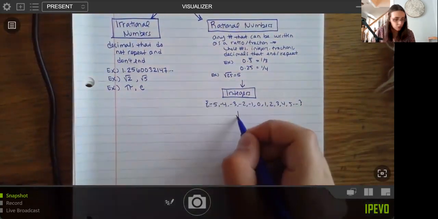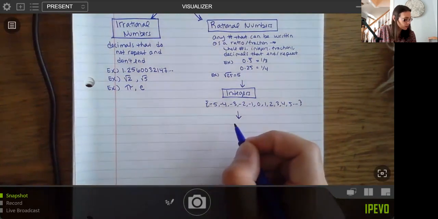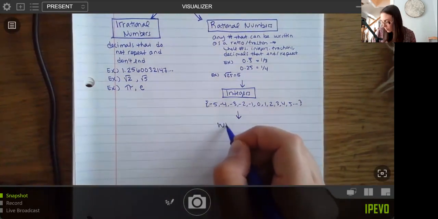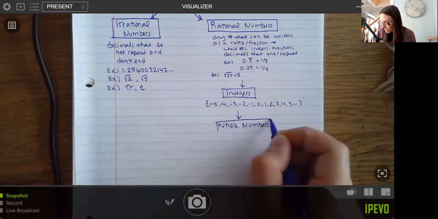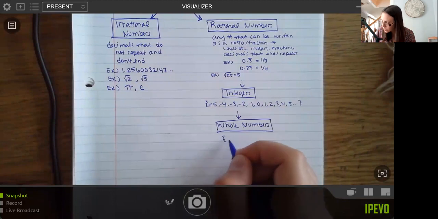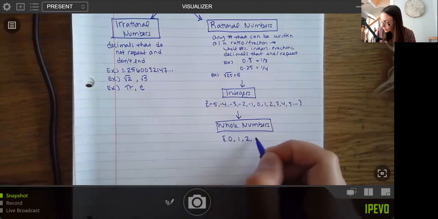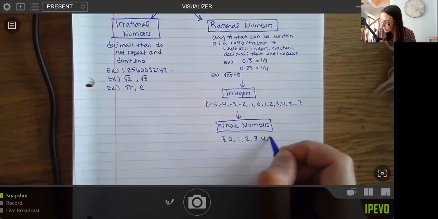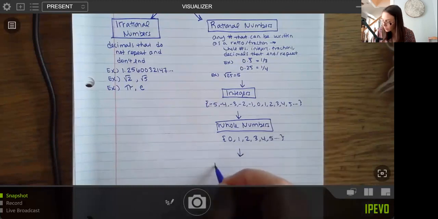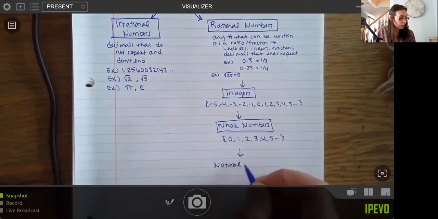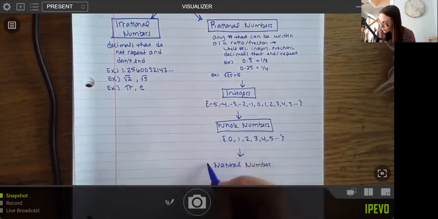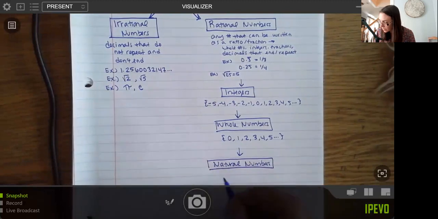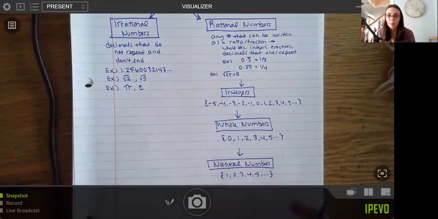And then under your integers, the next set is your whole numbers. So these start at 0 and go up. They do not include your negatives. And then under that, you have what are called your natural, or sometimes called your counting numbers. And that starts at 1. So that's what you learn when you're a baby. That's why they're called your natural numbers.